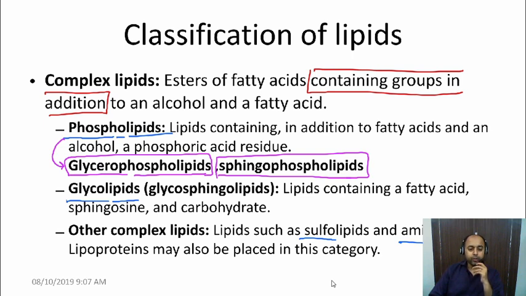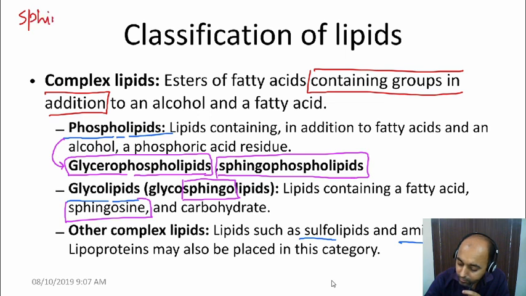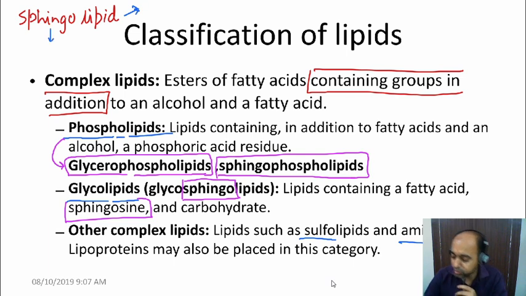One very important point to note is that all glycolipids contain sphingosine as alcohol. This means if I say sphingolipid, the sphingolipid actually includes two subgroups.